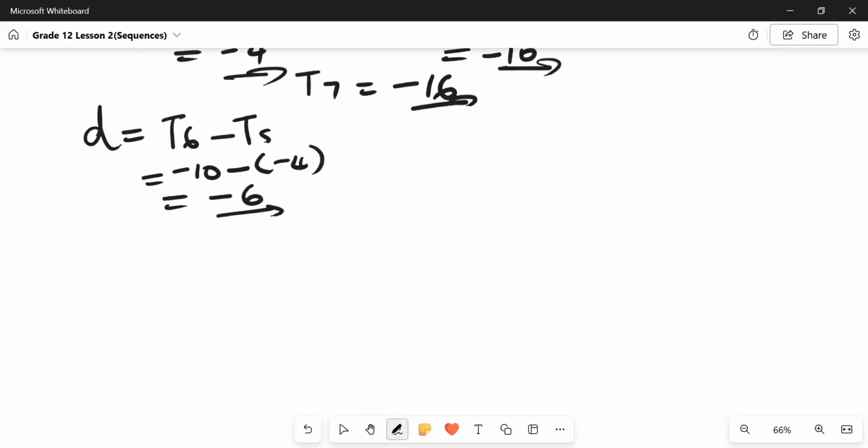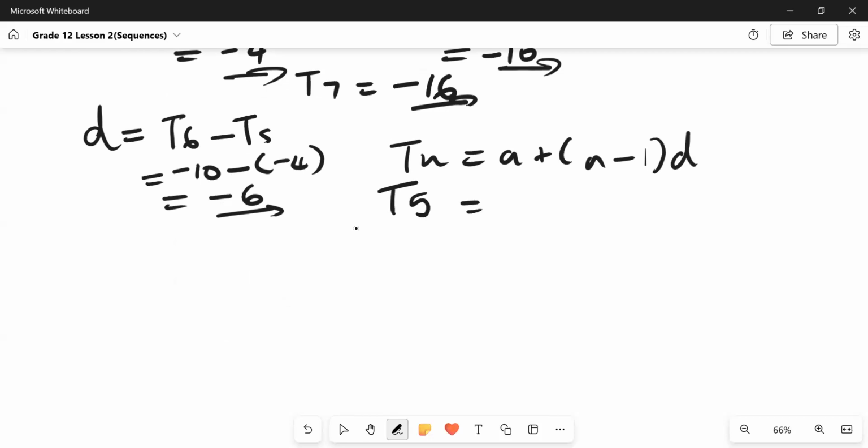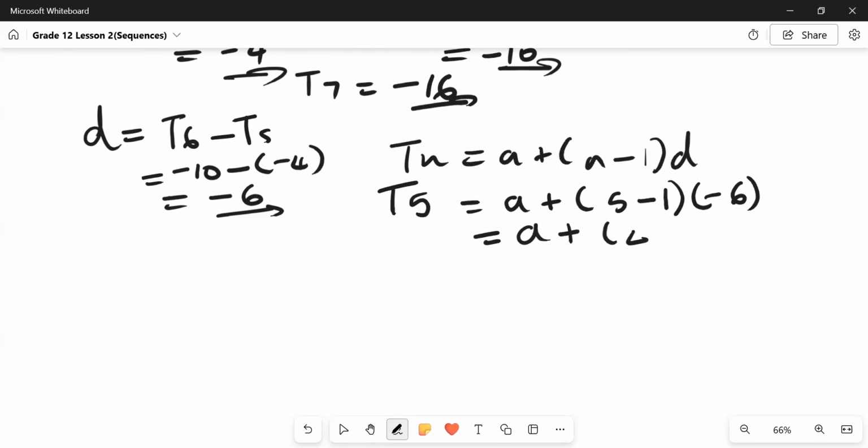So now Tn is equal to A plus (n minus 1)d. Now let's substitute 5. So T5 is equal to A plus, now you have your 5 minus 1 times your D there, that's minus 6. Perfect. So this is A plus 4 times minus 6. But what is our T5? We got T5 as negative 4.